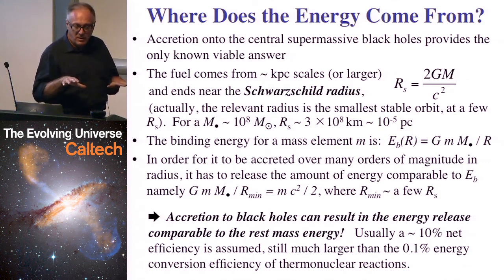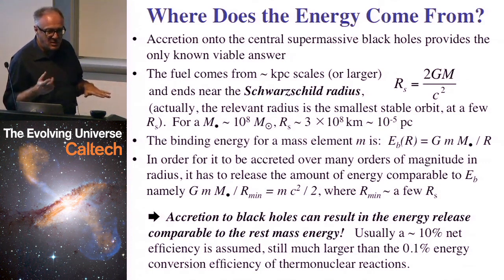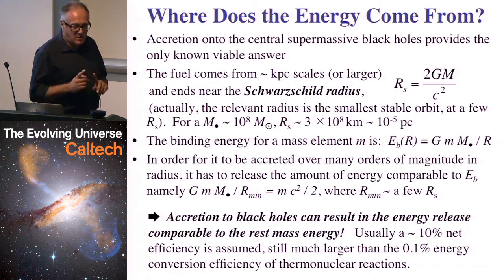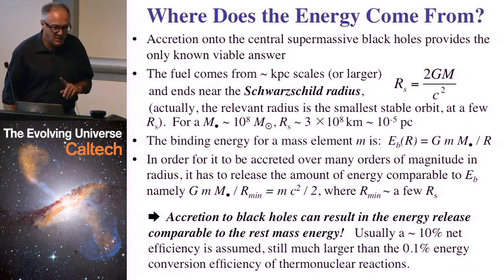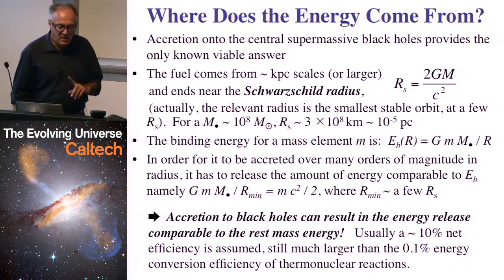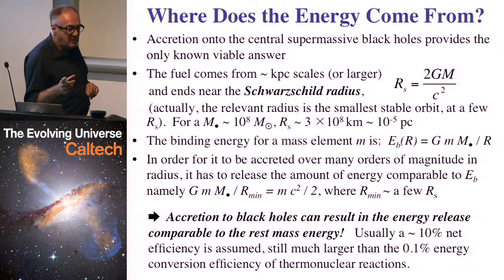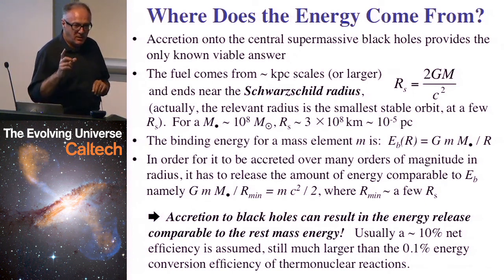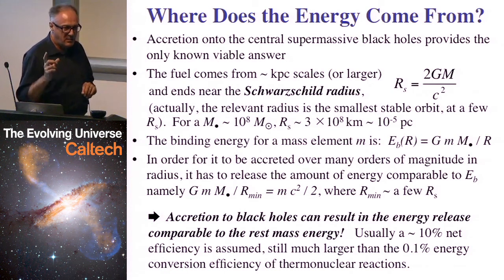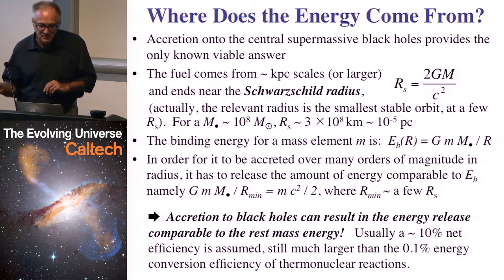For Newtonian gravity, there is no such thing as a smallest possible orbit. If you have point masses, you can put them as close together as you wish. This is not the case in general relativity. So there is a smallest possible orbit, and its radius is several times the Schwarzschild radius, and it's different for spinning black holes and for stationary black holes.